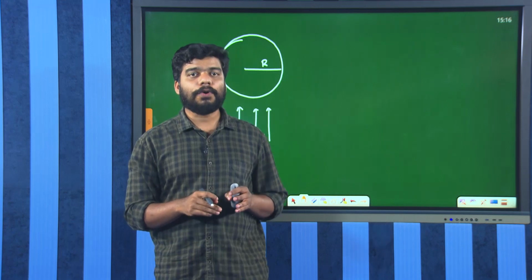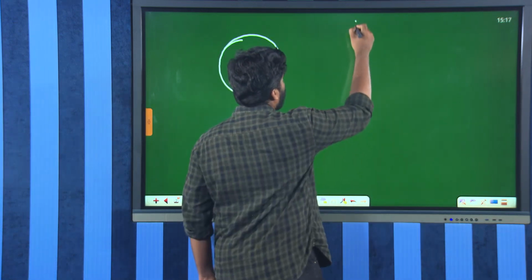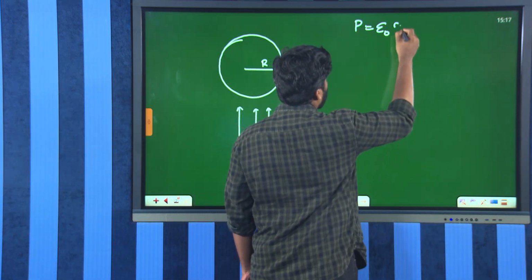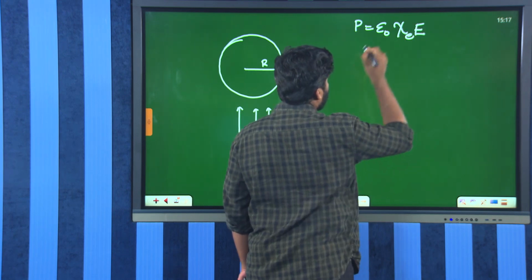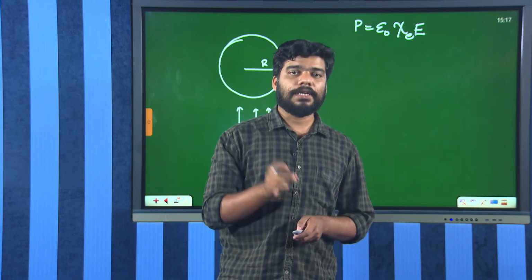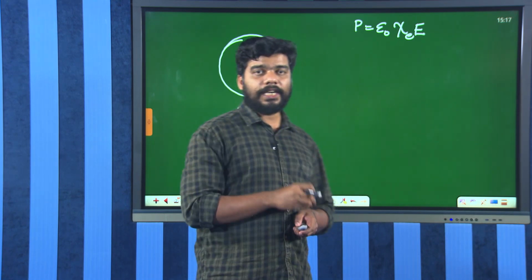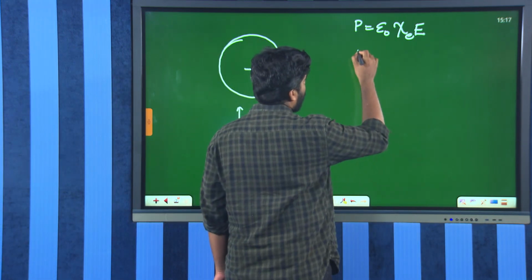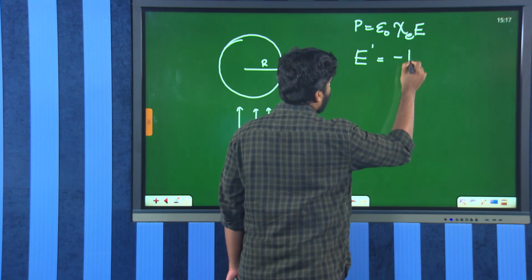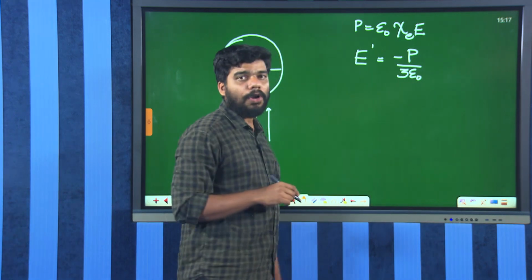If E is the external electric field given and P is the polarization, then the amount of polarization induced in a dielectric material is given by our old expression P is equal to epsilon 0 chi e into E. Here for a sphere, inside the dielectric the new electric field is due to the induced polarization, which is given by the expression we derived in the last class: E inside is equal to minus P by 3 epsilon 0.